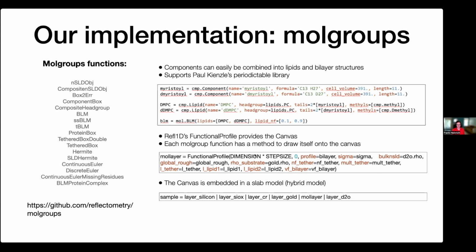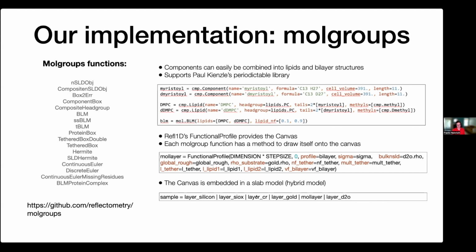And then within this script, with Refl1D, you would take a canvas that is provided here, in this case by a functional profile. You have your parameters, and now this function, which is called bilayer, which you will have to define and I'm not showing that here, will take this bilayer object, take the parameters, and make the bilayer object draw itself into the canvas by the rules you specified.